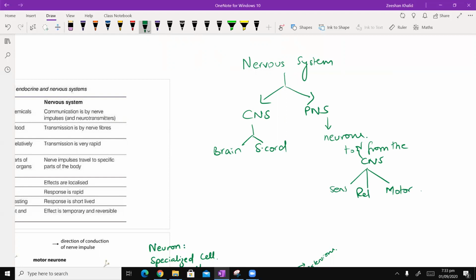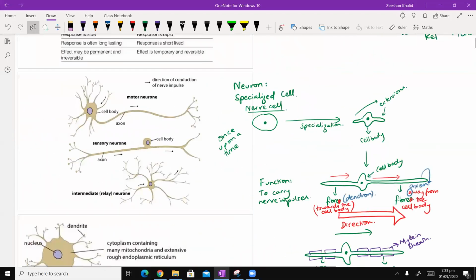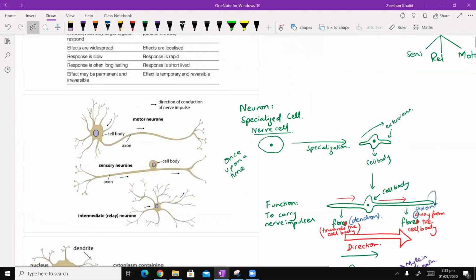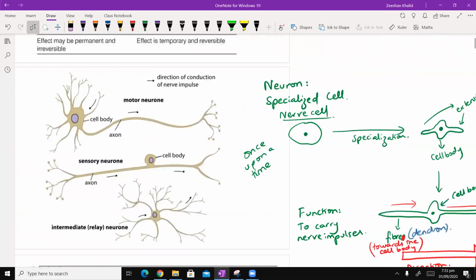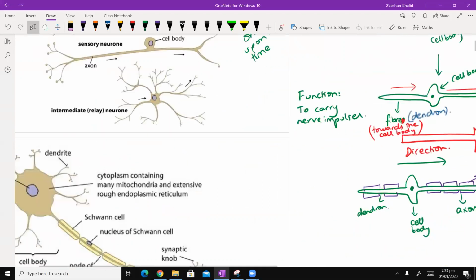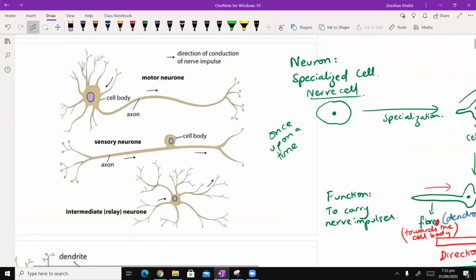So basically, we are going to begin with the following today, that's the neurons. And we are going to go into details today. जो detail आपने O levels में नहीं देखी. Well, some people they actually went into details of that in O levels, but this is basically what we are planning to look at. So what I'm going to do is, you don't really need to know much about the relay neuron because it just connects the sensory and the motor.